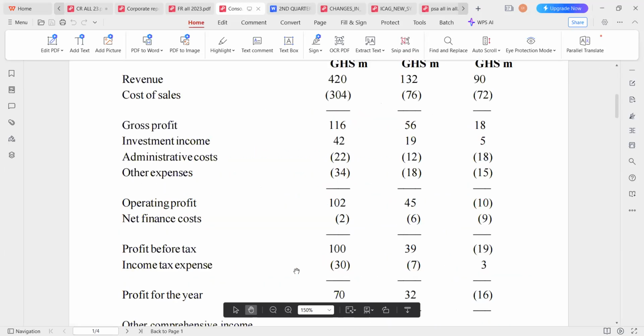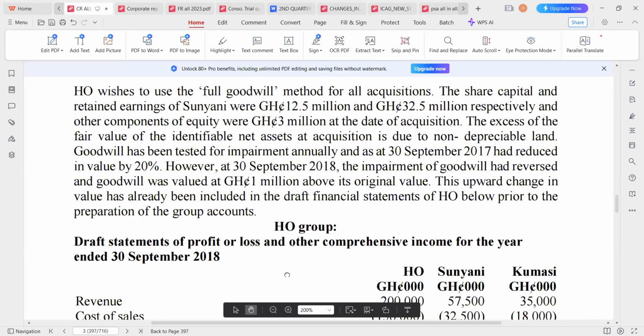It's the same thing. Let me show you something here. From gross profit, we normally move on to where? Other income, admin, and other expenses. It's still the same as the question you are seeing here. That is how questions are being articulated or set.